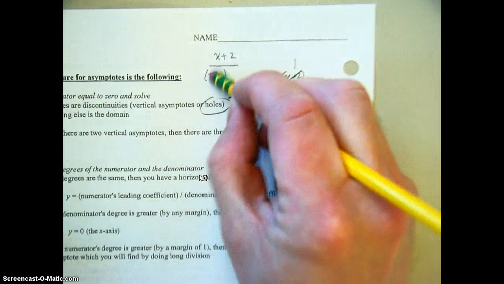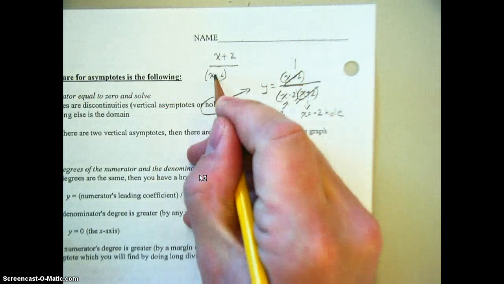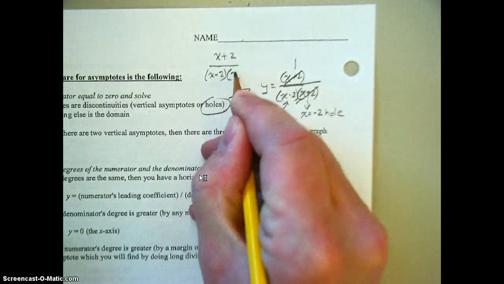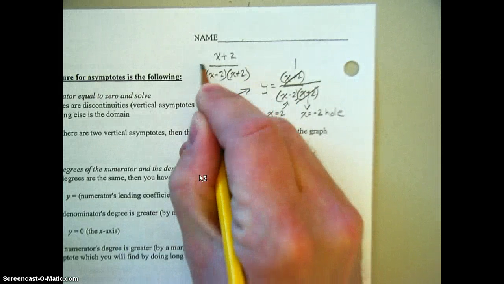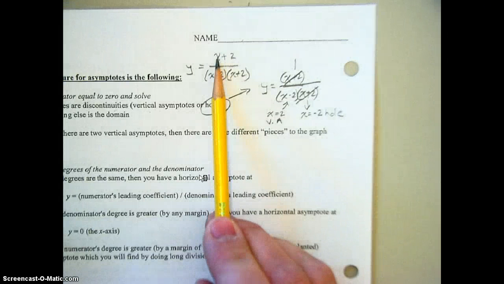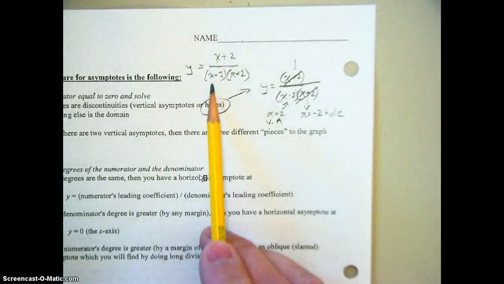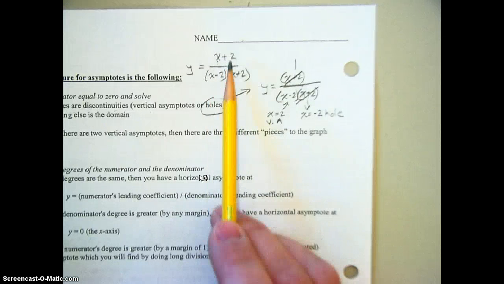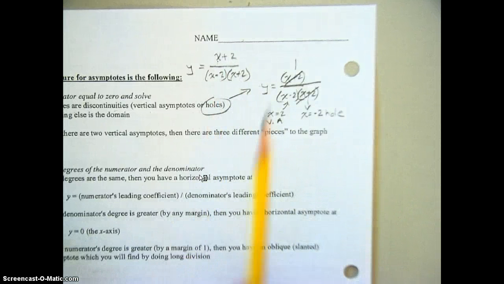Okay, so we have higher degree on the bottom, which means, what's the horizontal asymptote? Higher degree on the bottom, so you have small divided by really big. What's that close to? 0. So your horizontal's at 0. So that's what we're practicing today, right?